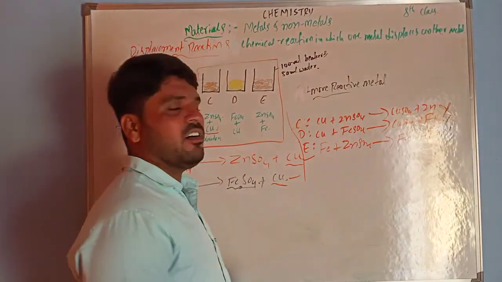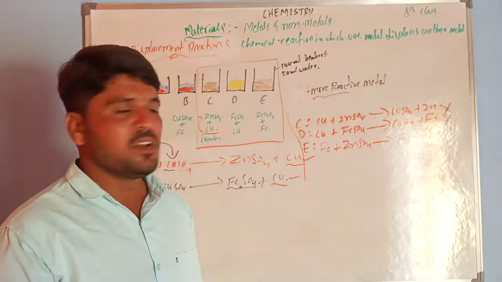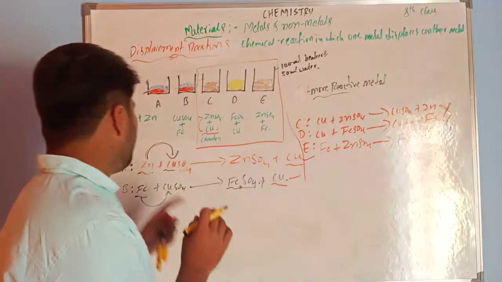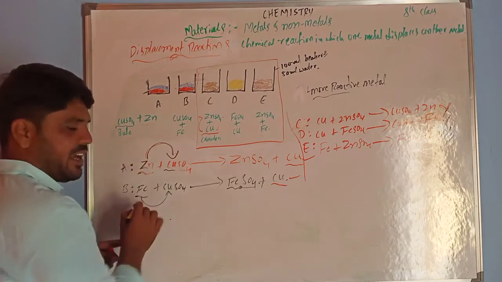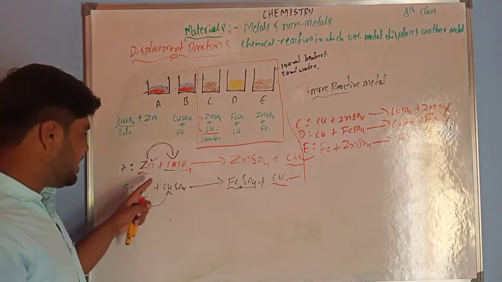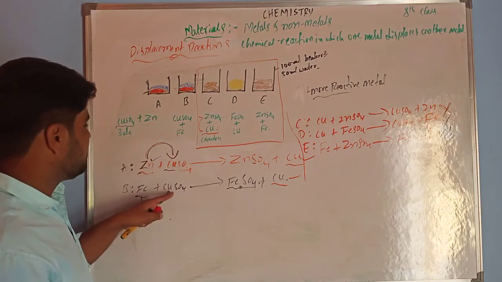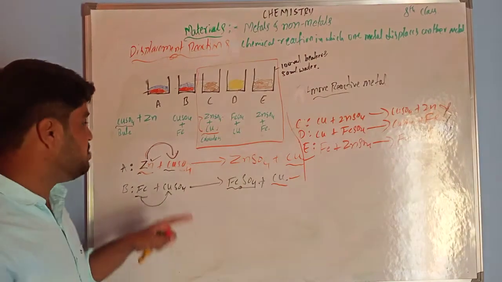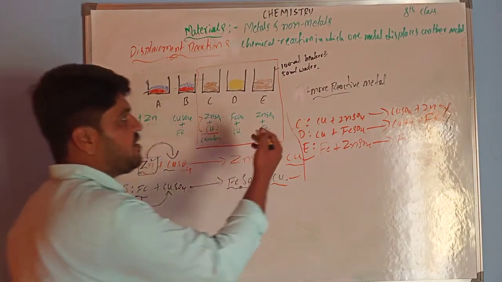Why? Because in science we have certain rules, and we should follow those rules. In beaker A, the zinc metal is there. Zinc metal can replace the copper, and iron can also replace the copper, because zinc is more reactive.